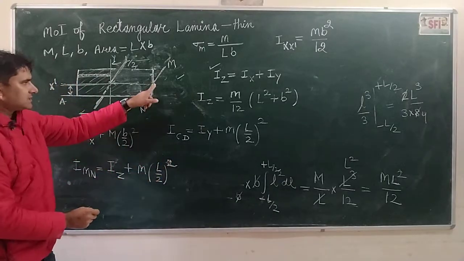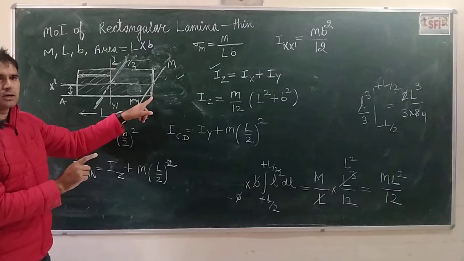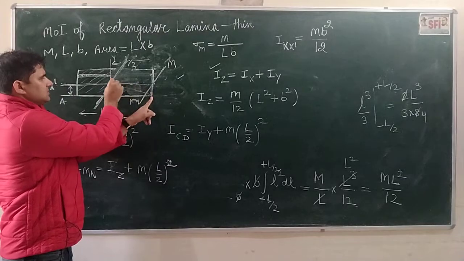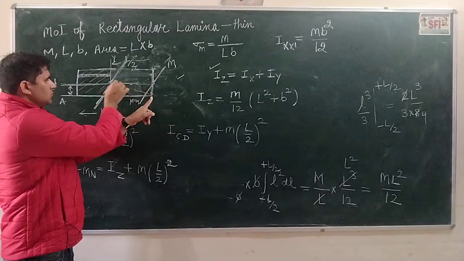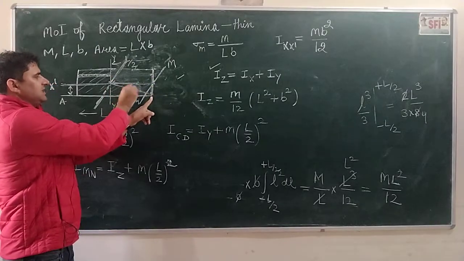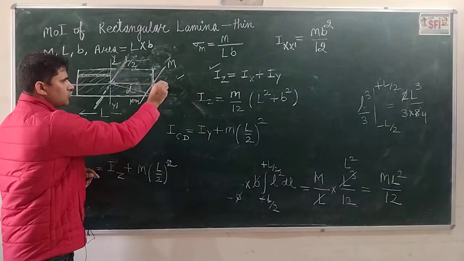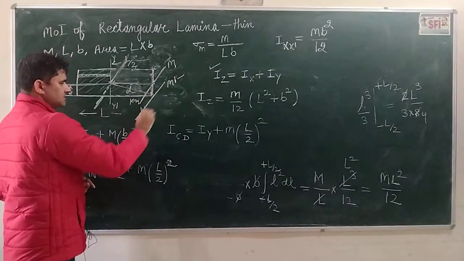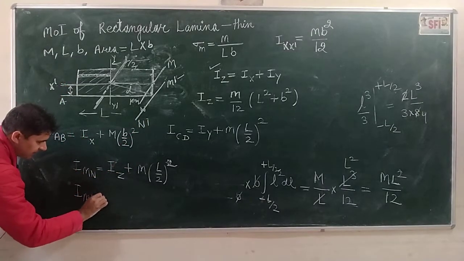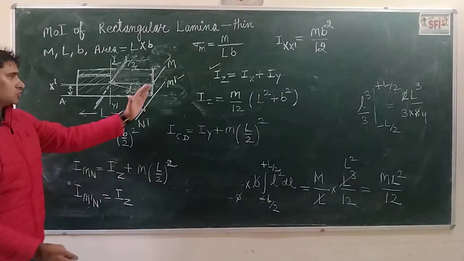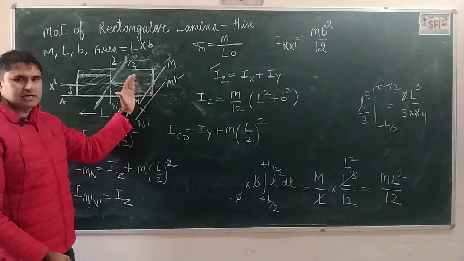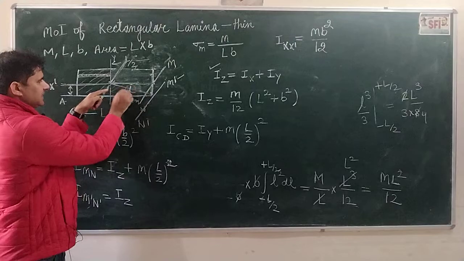Okay, and if this axis is at this corner, then this distance will be, you have to find, this is L by 2 and this is B by 2. So this is the hypotenuse in this triangle. Let this distance be D. Let me take one more axis, M dash N dash. So the moment of inertia about M dash N dash will be equal to Iz, because this is also parallel to the z-axis and perpendicular to the surface of the rectangular lamina, but this distance has changed here.